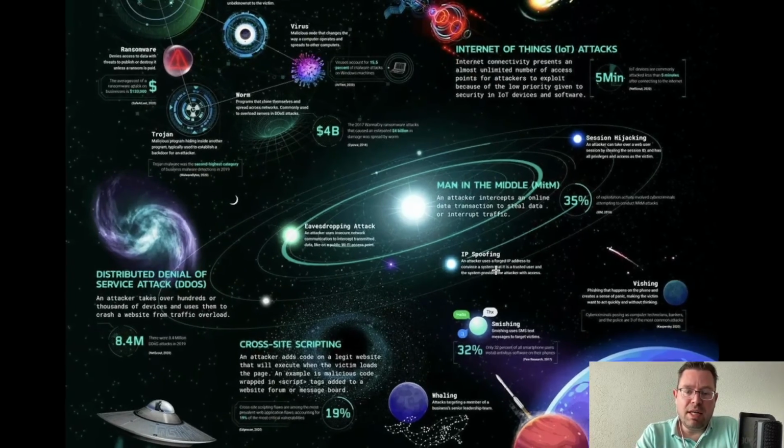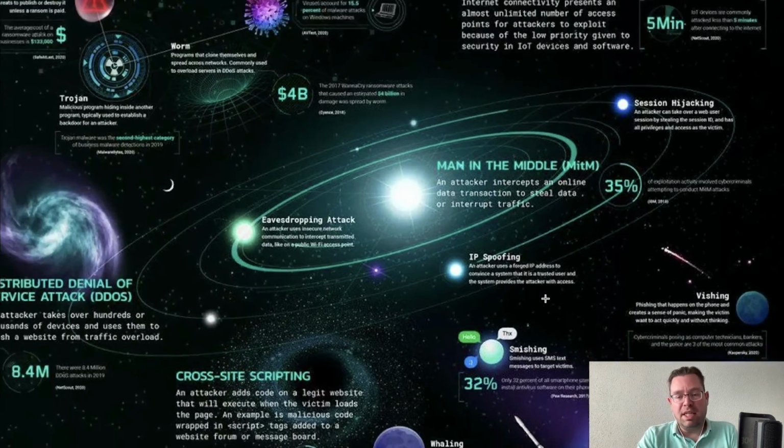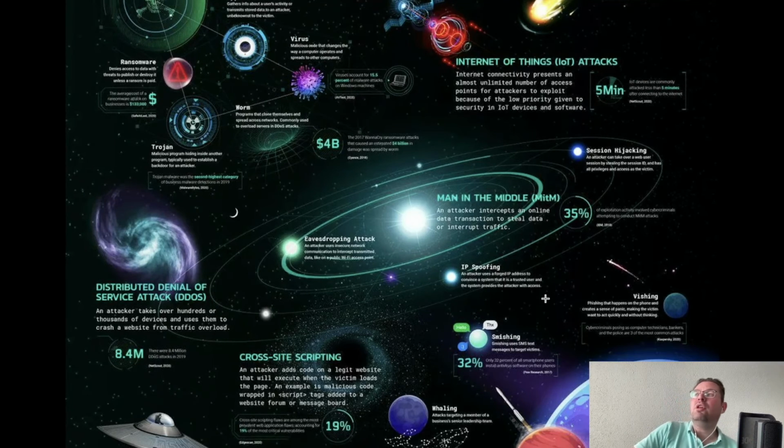IP spoofing, I'm not a networking guy. Let's see. An attacker uses a forged IP address to convince the system that it is a trusted user, and the system provides the attacker with access. Okay, makes sense. When we talk about firewalls, you have whitelisted IPs, which are the trusted IPs, and blacklisted IPs, which are the non-trusted IPs.